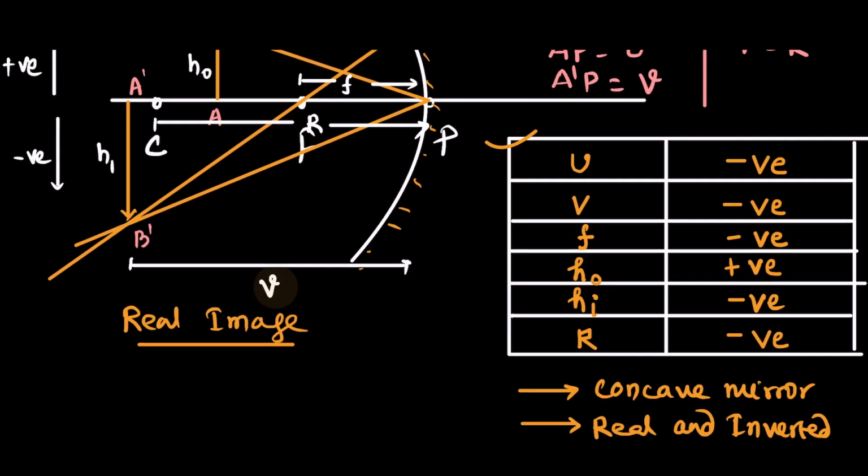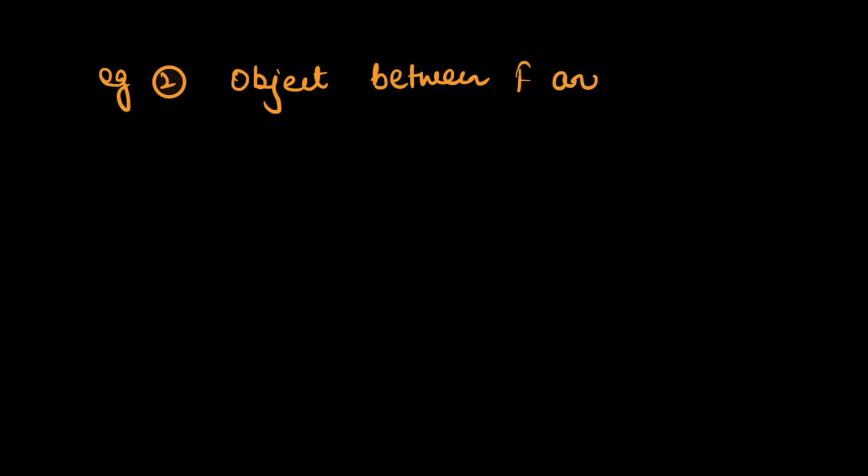Next example. In example number 2, we take the object between F and P, means between principal focus and the pole.